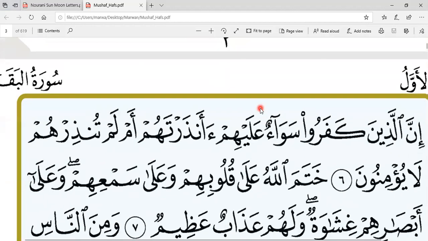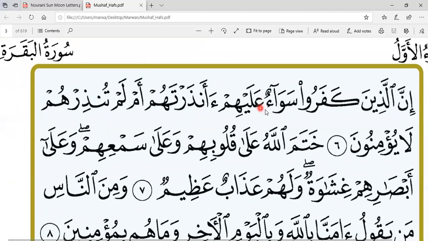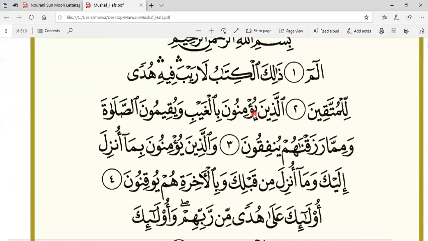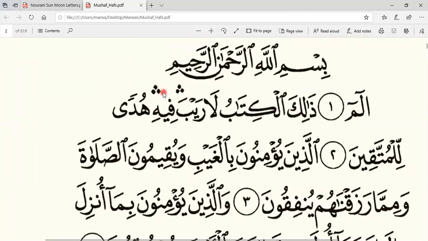So by now you should be able to read almost everything in the Quran. The only thing that I skipped telling you about are a couple of stops. This one is one of them. When you see these two signs, which is very rare in the Quran, it means that when you're reading, you can either stop at this word or at this word, but you cannot stop at both.